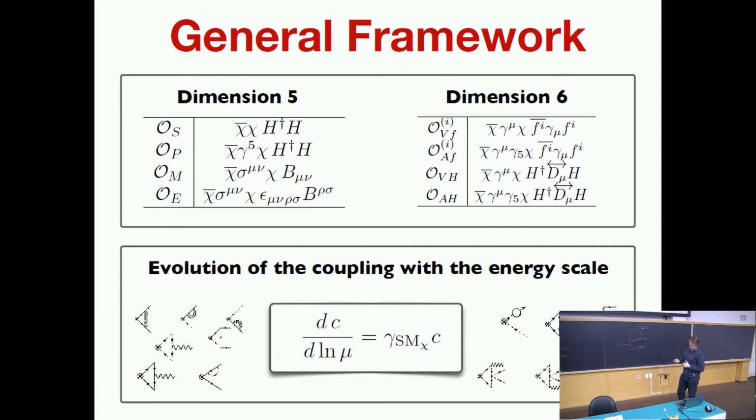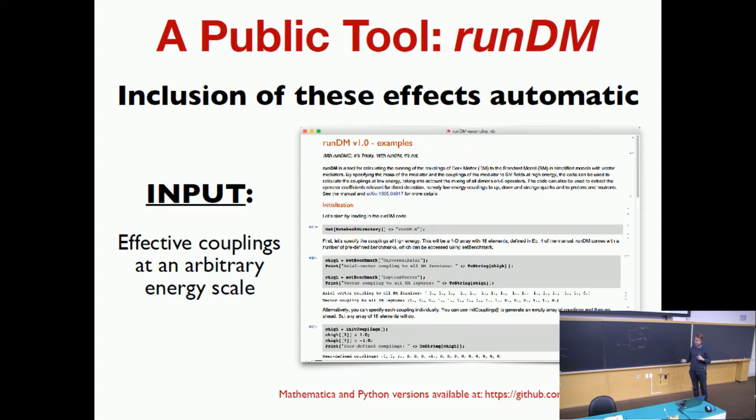Okay, so this achieved the first goal of classifying all the possible interactions and describing how they evolve with the energy. As I said, we also wanted to make the inclusion of these effects easy for the community. So we also release a public code that we call RunDM, because running is the jargon to call the evolution of the coupling with the energy scale.